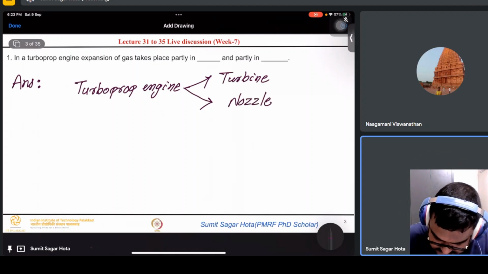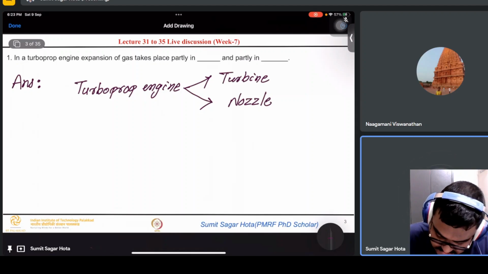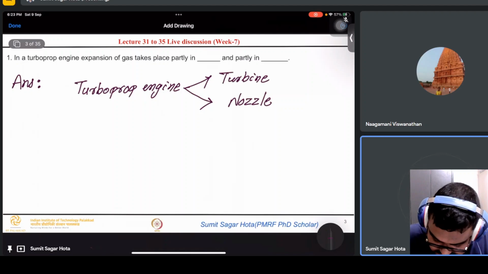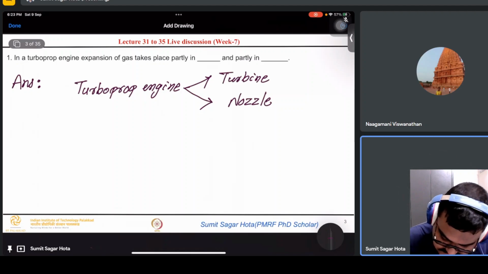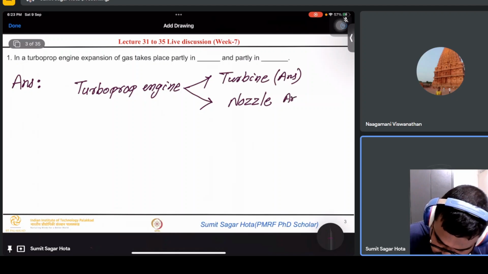So one part of the expansion is in the turbine and another part is in the nozzle.